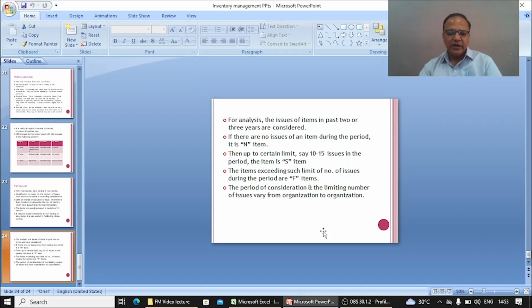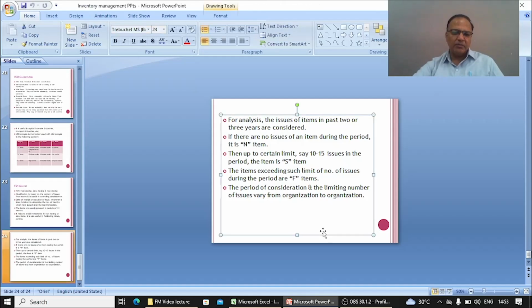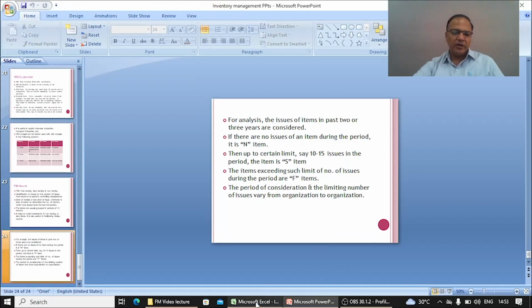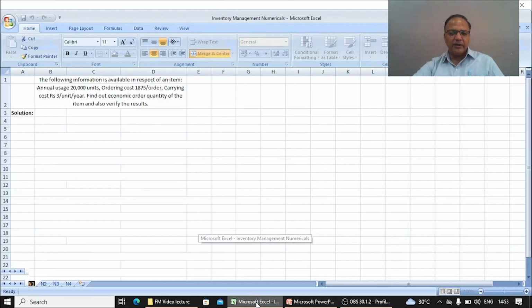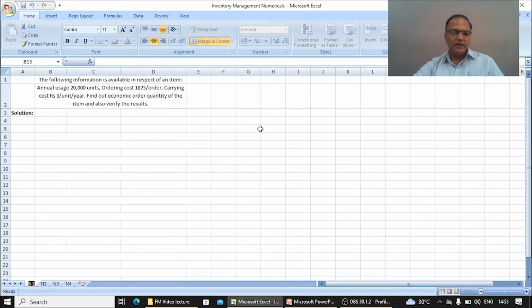So here, the theory of inventory management is complete. Now let's do some numerical problems of inventory management. This is a numerical question which is given to you.